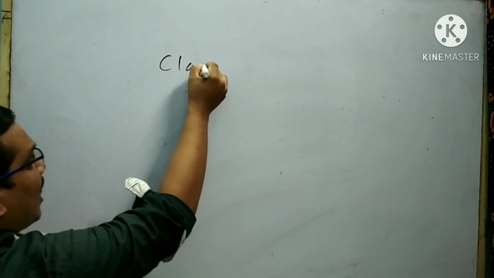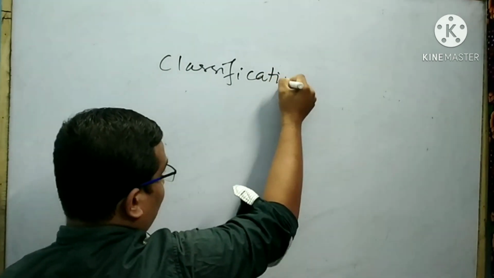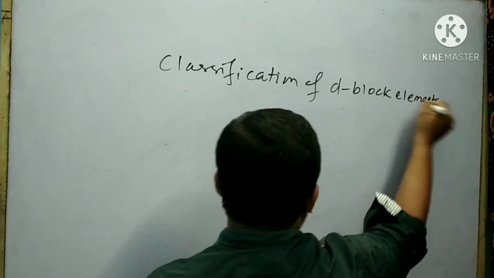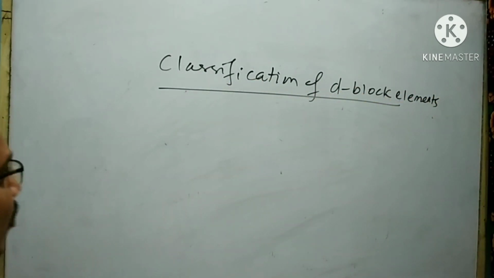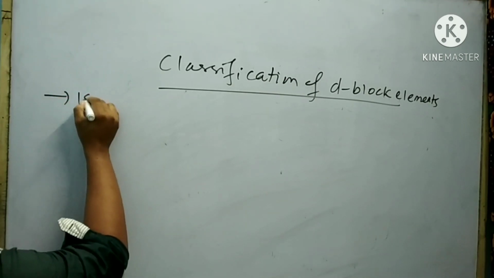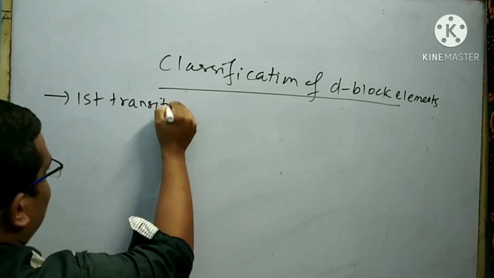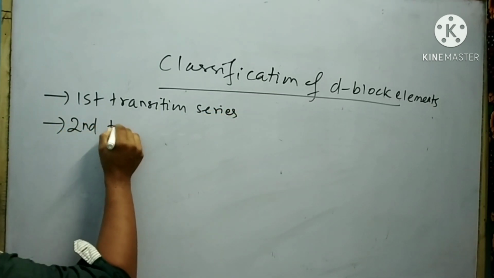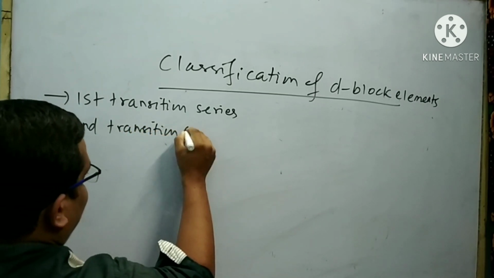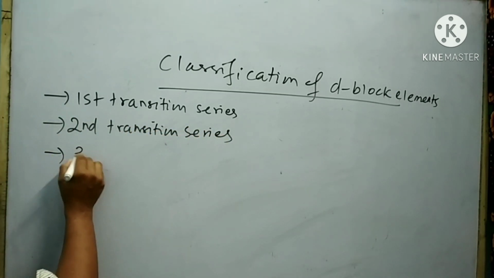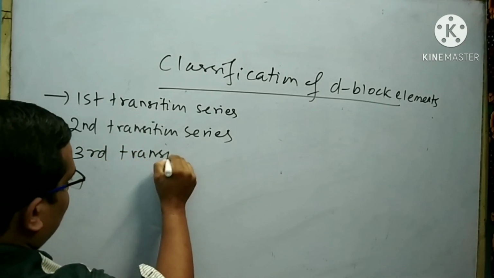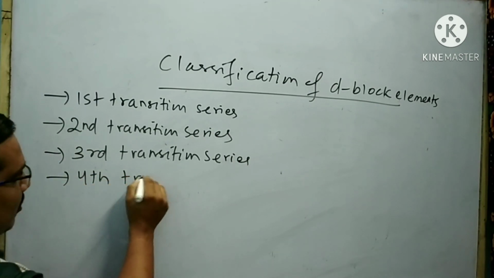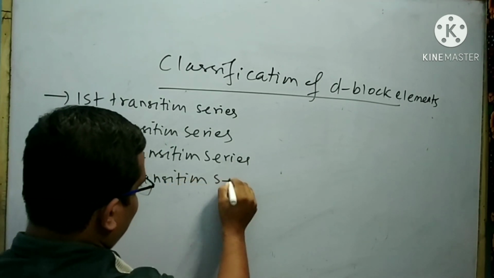Next I will explain the classification of d block elements. D block elements are classified into four series. First is the first transition series, second is the second transition series, third is the third transition series, fourth is the fourth transition series.